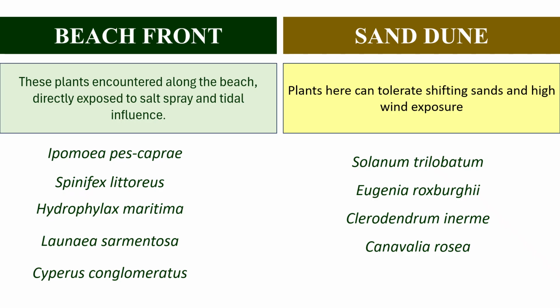And then some associated plants for sand dune may include Clerodendrum inerme, and then Canavalia rosea. Canavalia rosea you will find in the sand dune habitat.